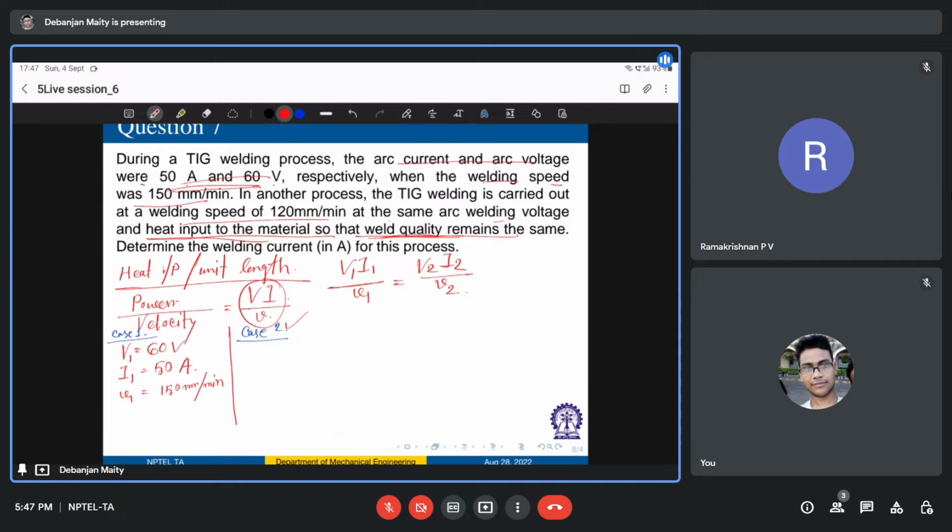For case 2, it says the same arc welding voltage. So V2 is again 60 volt. You need to find out the current, and our velocity is given as 120 per minute.